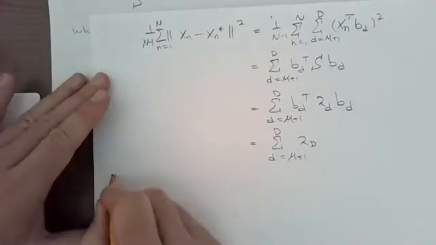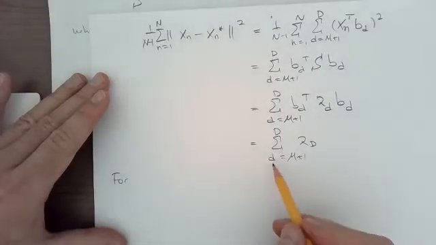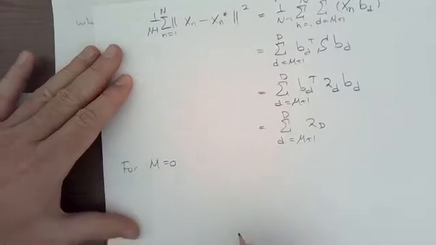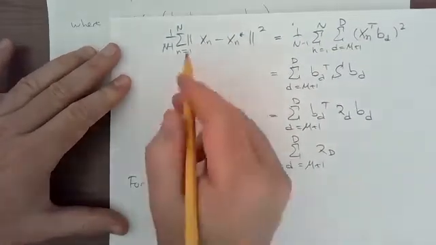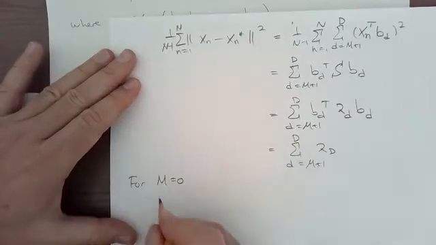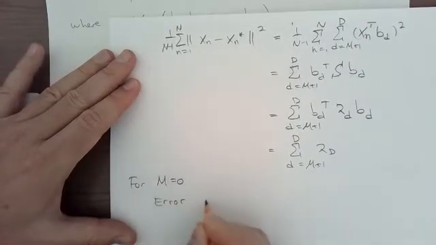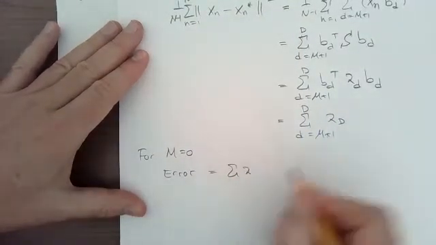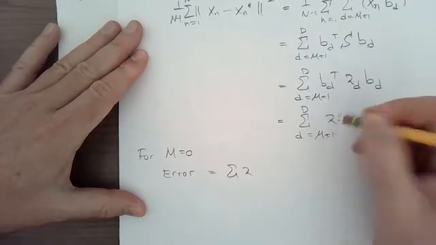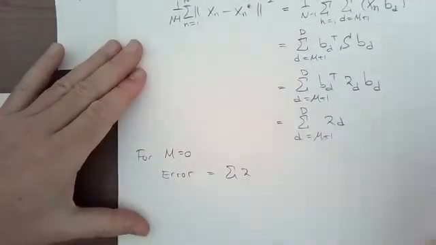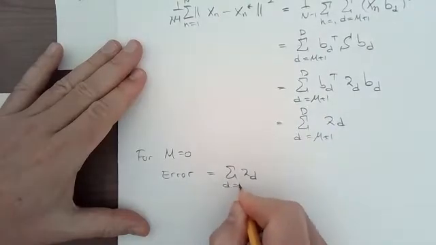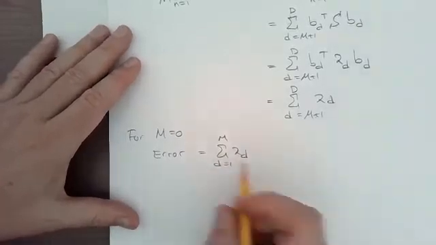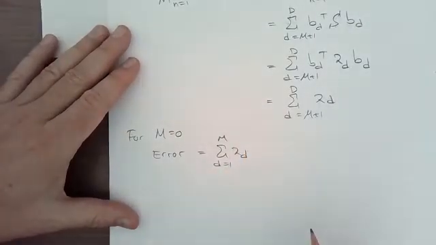So for example, for m equal to 0, we'll just get that the error is equal to all the eigenvalues. In our example, adding up these 4 eigenvalues would give us everything.